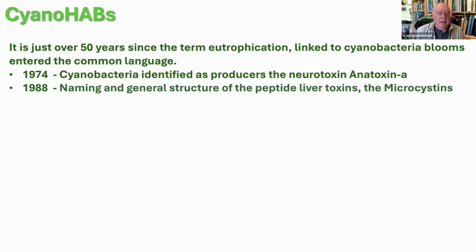In 1998, we had the name and general structure for the peptide liver toxins called microcystins, named after the genus Microcystis. It turns out that these toxins are the more prevalent worldwide and the ones more responsible for water quality issues and human and animal mortalities.